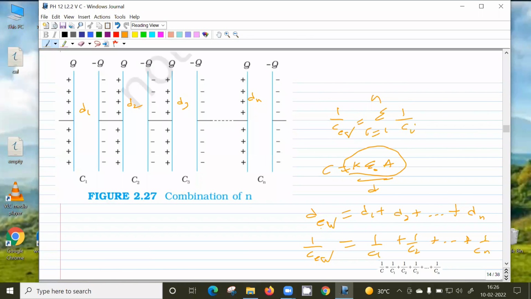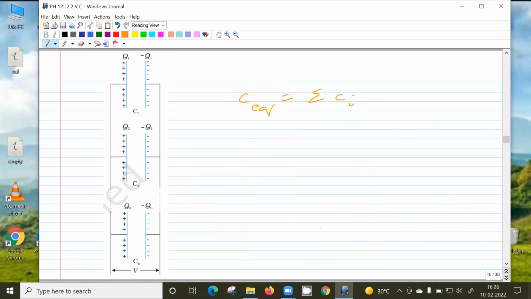Similarly for parallel capacitors, what will add here? Capacitance is epsilon naught A by D. So let me assume all the D's are the same, and let the areas be A1, A2, A3. So A equivalent will be the summation of areas.